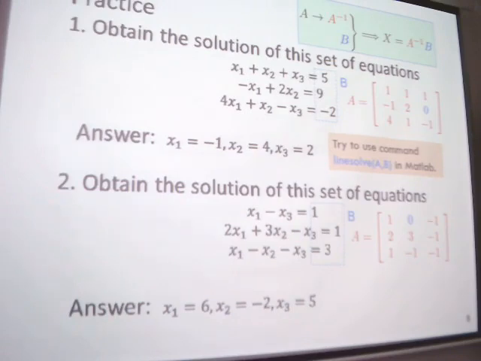We actually have to know how to do it. The calculator just helps us save time. Okay, try to calculate the A inverse. The A is easy, but for A inverse, we still need some time, okay?